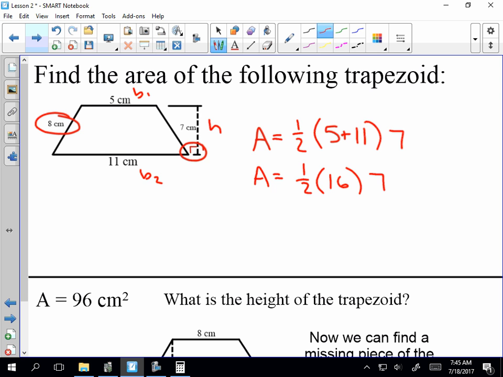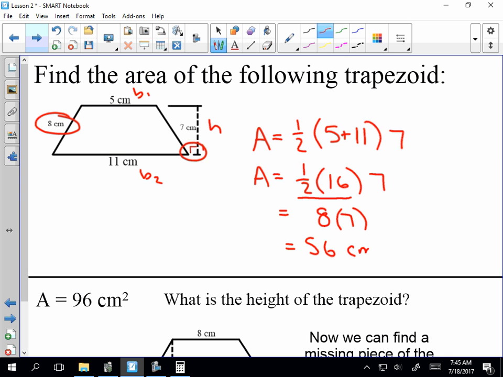And you can always multiply these in any order. That's the good part about multiplication. One thing I look for is, can I do a 1/2 of an even number? Because 1/2 of 16 is 8. And then we just finish up by doing 8 times 7 equals 56.